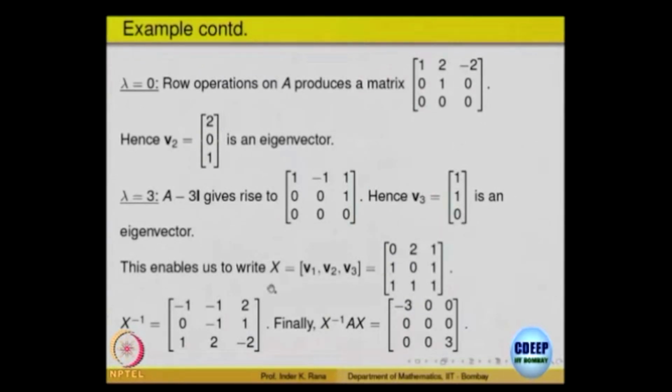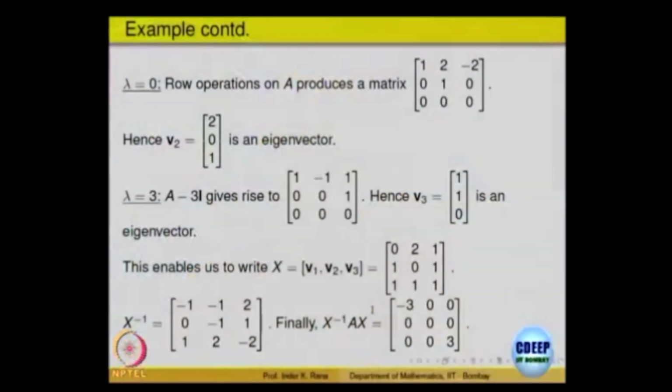Okay. So, once you have got the 3 eigenvectors, you can write them as the columns. So, that is your matrix P or X, whichever way you want to call it. The first eigenvector, second eigenvector and the third eigenvector as the columns. I think there is a mistake here, this V3 should be 0 here.